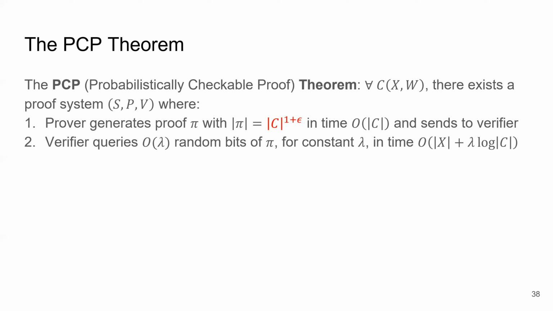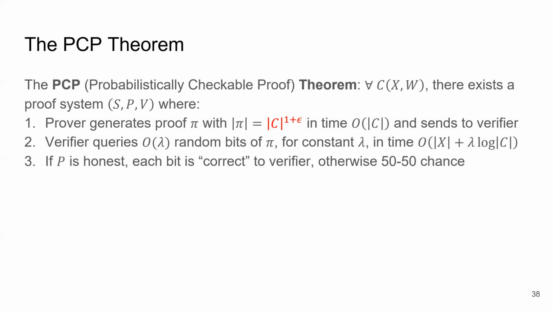So the verifier is now sort of spot checking the proof at some number of random points. And then if the prover has been honest in generating the proof, then each of these spot checked random bits from the proof will appear correct to the verifier. Otherwise, if the prover has been dishonest, then with 50% chance, the verifier will notice that any random bit that they check is wrong.